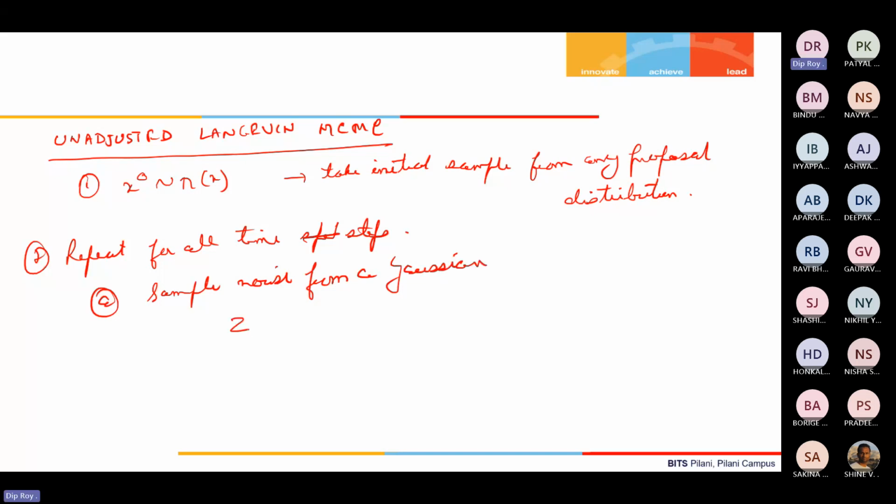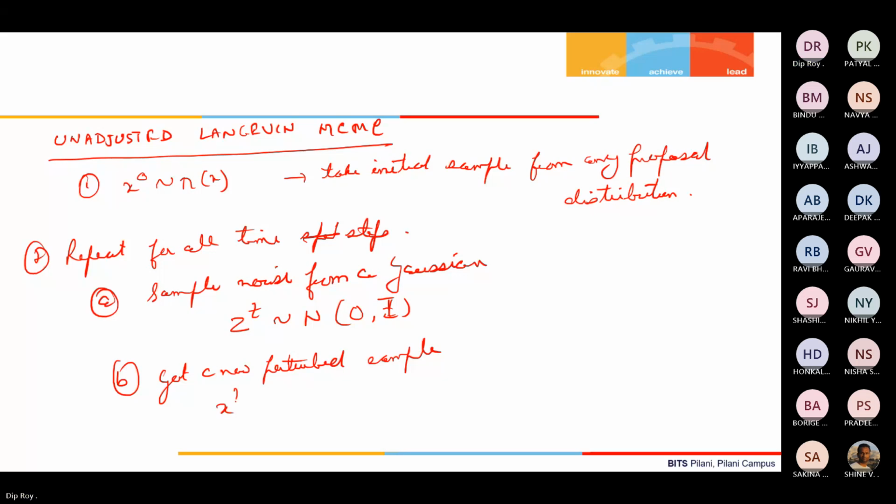And we'll say Z t is independent and identically distributed. And now what we do is we get a new noisy sample. This particular sample will work in this particular manner.